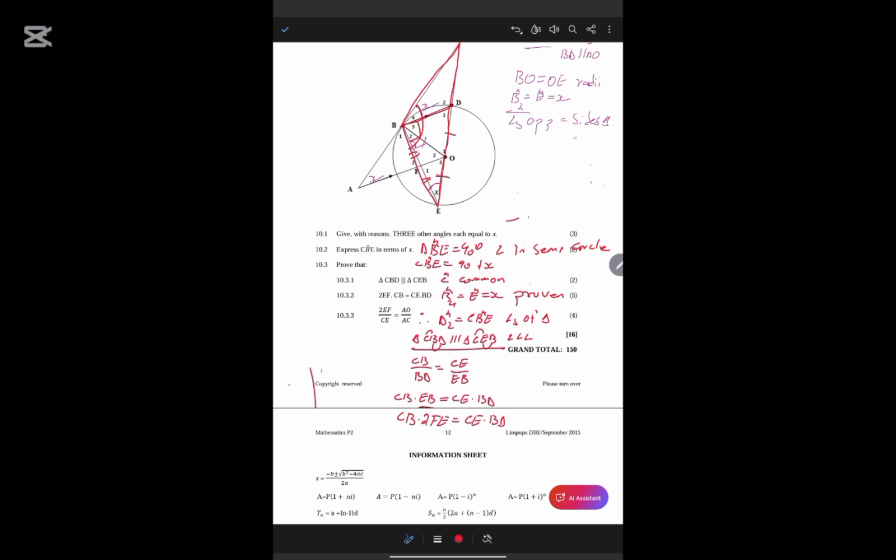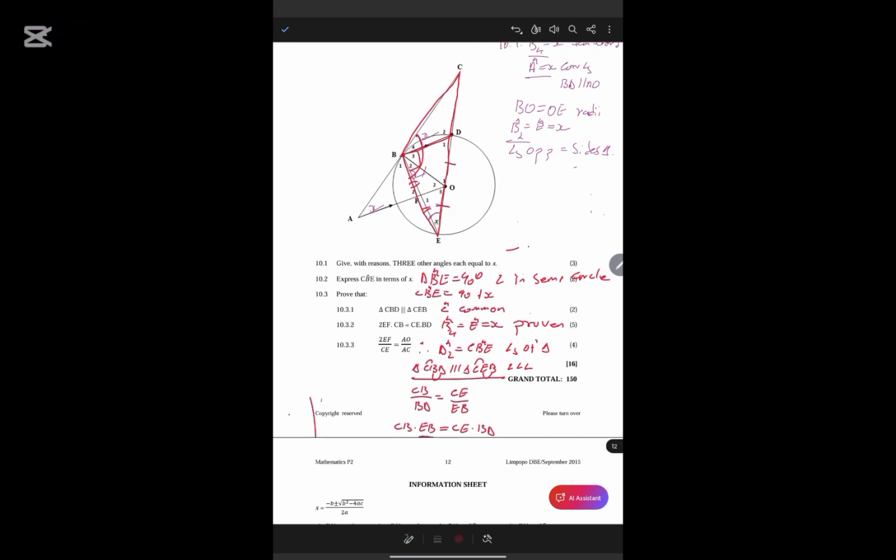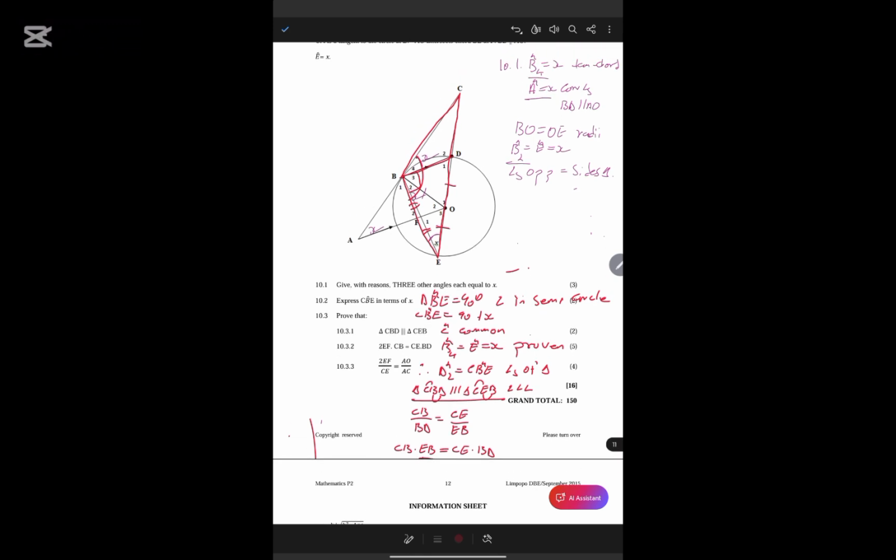Now, let us look at the last question, which is question 10.3.3. How do you deal with this kind of problem? Just look at the names that they used. 2EF represents BE. That is from the previous question. We replaced BE with 2EF.